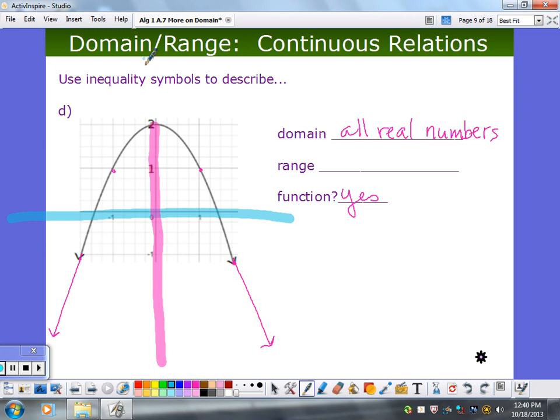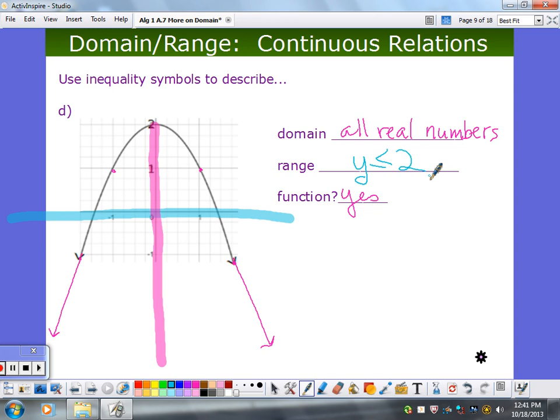Can I be bigger? Can I be smaller? So how do I say Y is 2 and everything's smaller? How do I say that? Y is less than versus less than or equal to 2. Oh, got it. That's what you were shouting out. He raised his hand like a proper student.